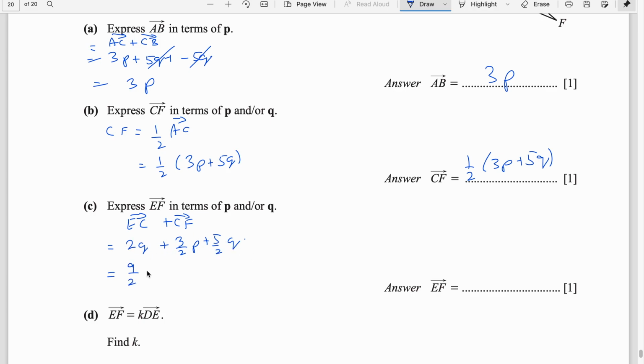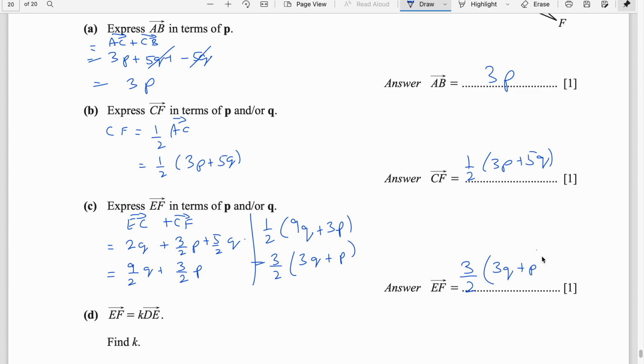That is 9 by 2Q plus 3 by 2 P. Taking out 1 by 2 as common, we're left with 9Q plus 3P. Now take out 3 common: 3 by 2, 3Q plus P.